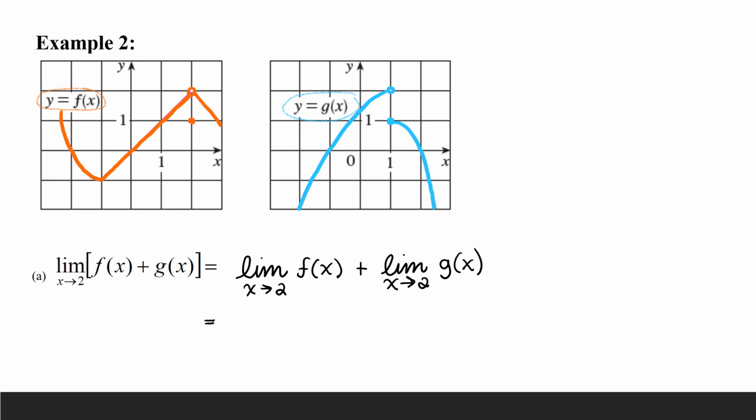So let's start by finding the limit as x approaches 2 of f of x. We need to take a look at this graph and take an informal left and right limit to help us out with this. As x approaches 2 from the right, it seems that as x gets closer and closer to 2, f of x is getting closer and closer to 2 as well.